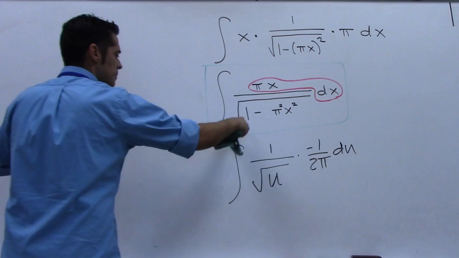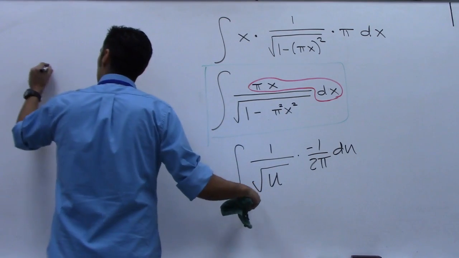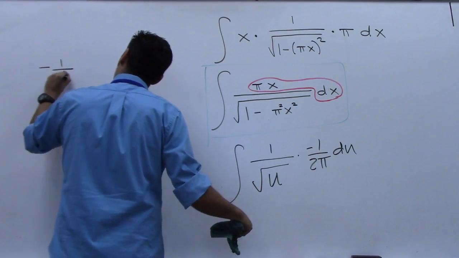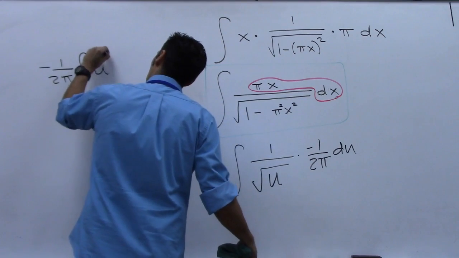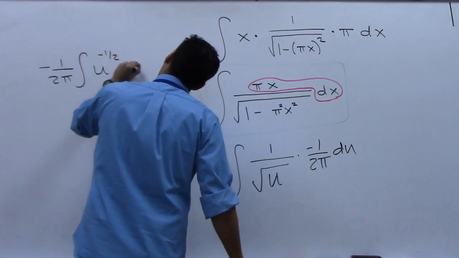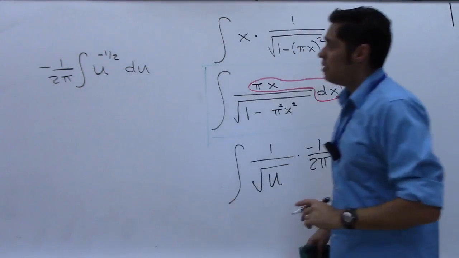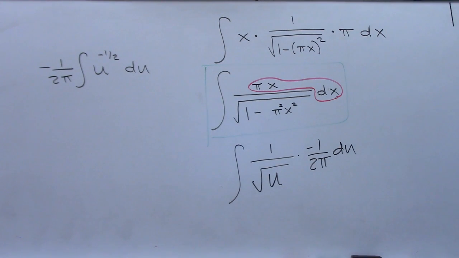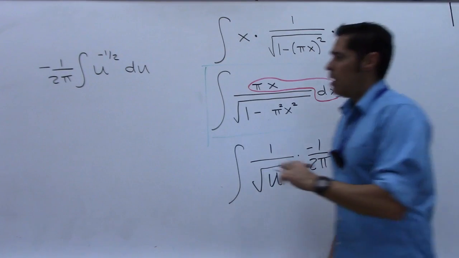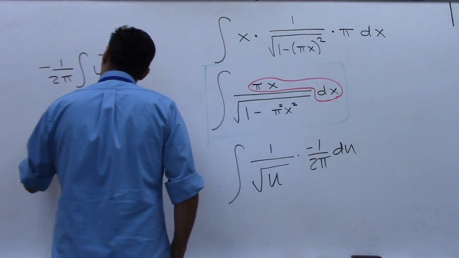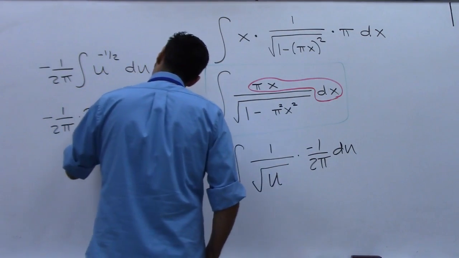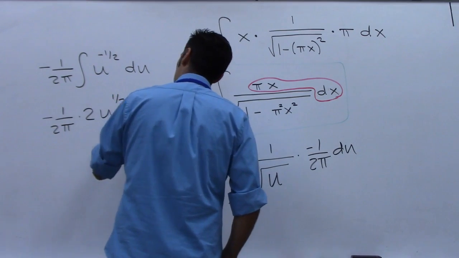Okay, so what's in this green box becomes negative 1 over 2 pi integral u to the negative 1/2 du. The antiderivative of u to the negative 1/2 is 2u to the positive 1/2. So I'll have negative 1 over 2 pi times 2u to the positive 1/2 plus a constant, right?